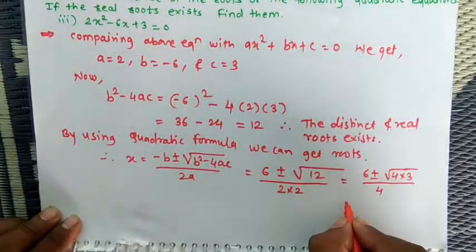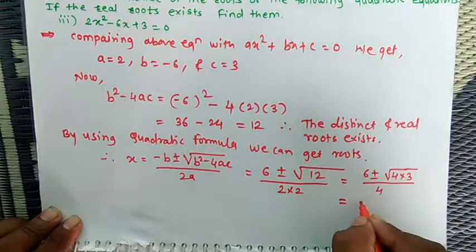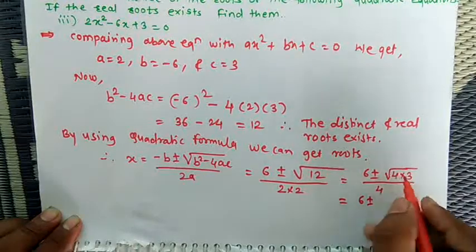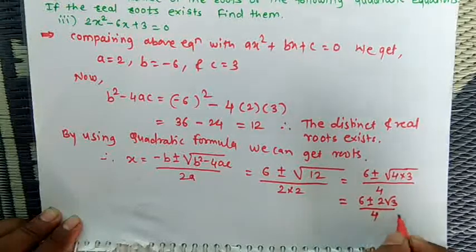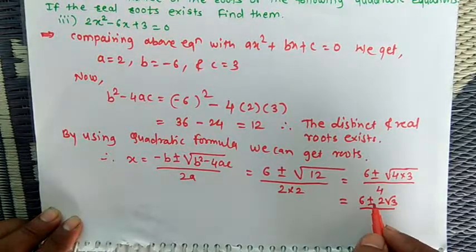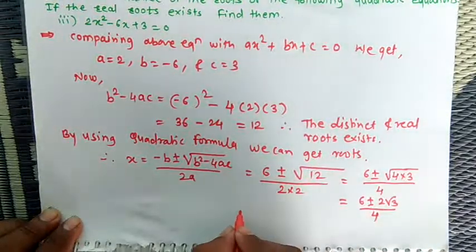Now, see here, square root of 4 is 2. It can also be written as 2 root 3 divided by 4.